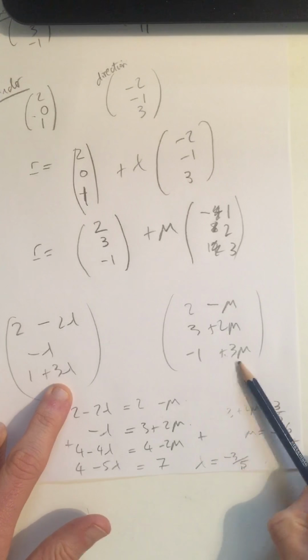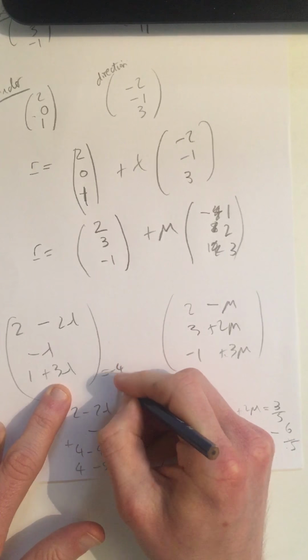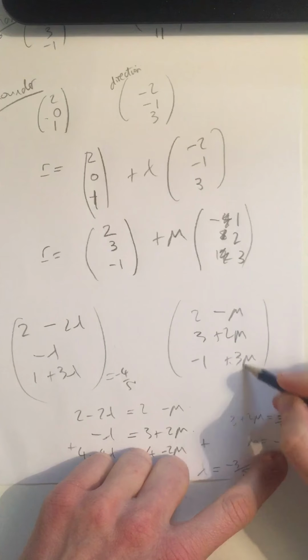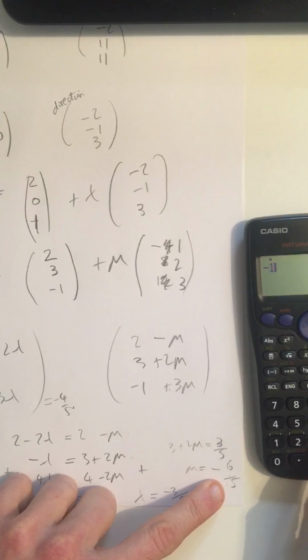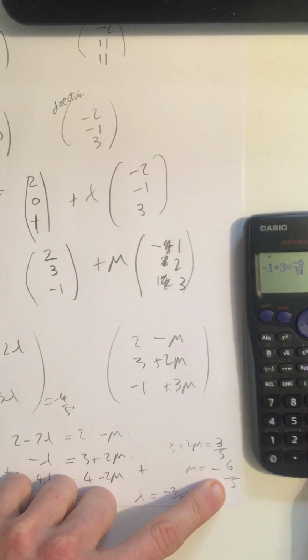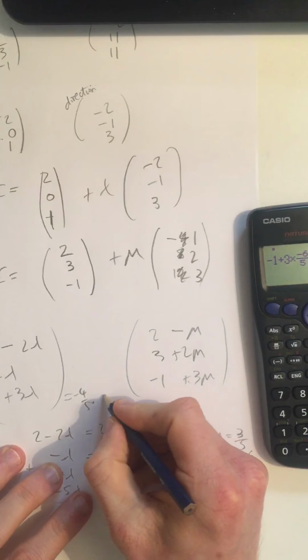And then if I check here, if I substitute in the minus 6/5 in here, so minus 1 plus 3 times minus 6/5, you can see we do not get minus 4/5.